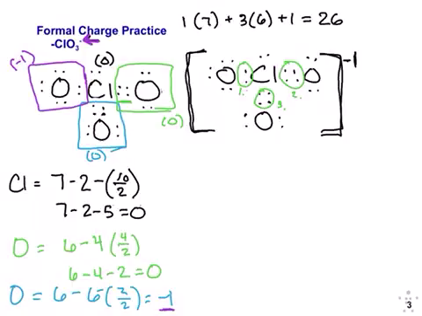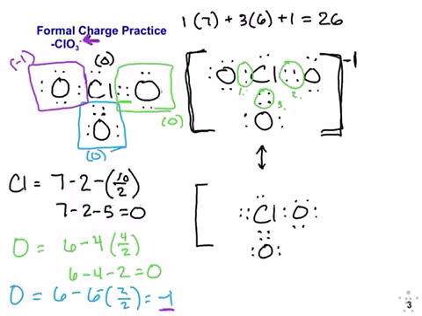So to do that, you draw a double-headed arrow, and you redraw your compound with that single bond in each of the 3 possible locations.